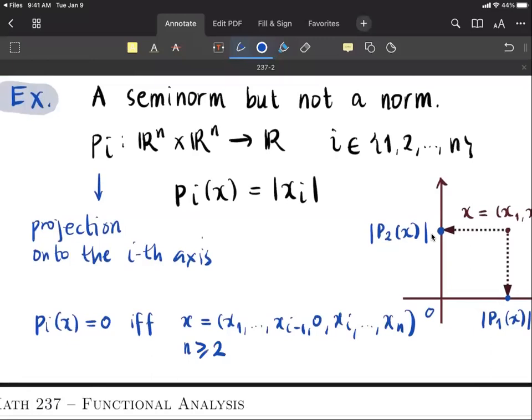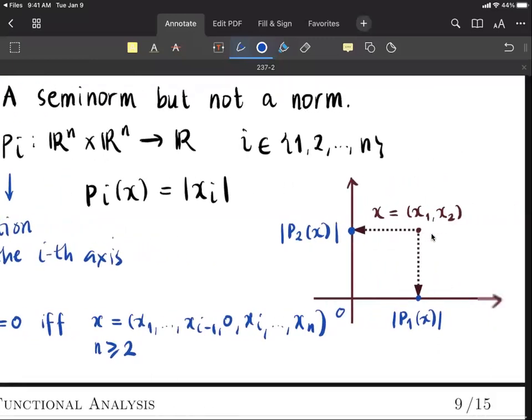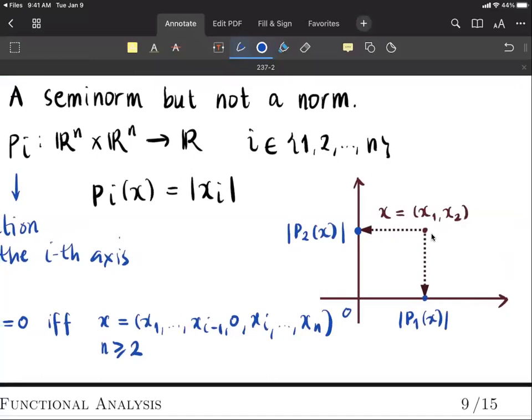Okay. So if, for instance, in this illustration here, you are on, let us consider, let's say, P sub 1, okay? The projection would be 0 if you are located on the x-axis, okay?